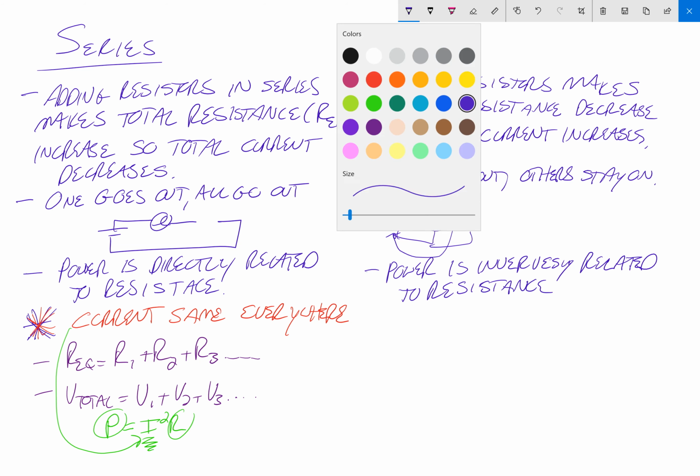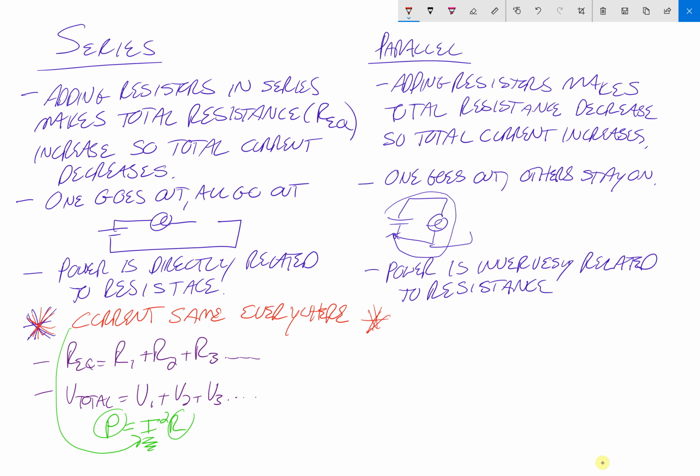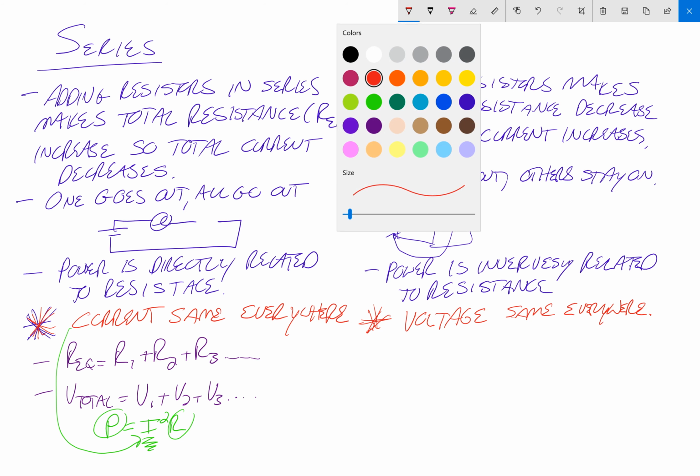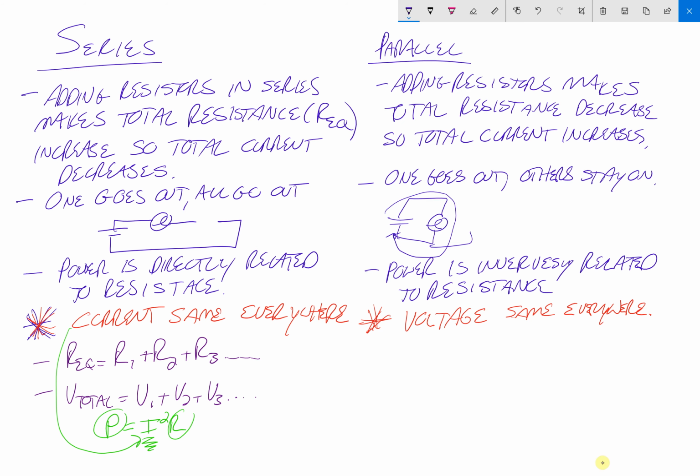Now, probably the most important thing with parallel, and we'll make it a pretty red color. In case you didn't notice it, the voltage is the same everywhere. That's very important. Voltage, same everywhere. So there's that. And then you were given the resistor equations. To find the total resistance, R equivalent is just 1 over R1 plus 1 over R2 plus 1 over R3, however many there are.